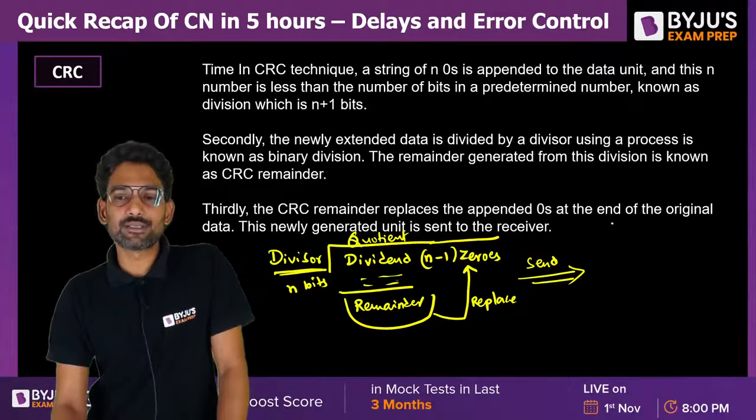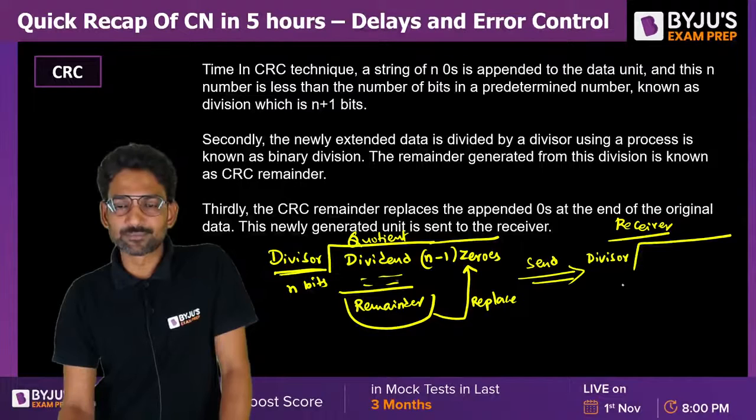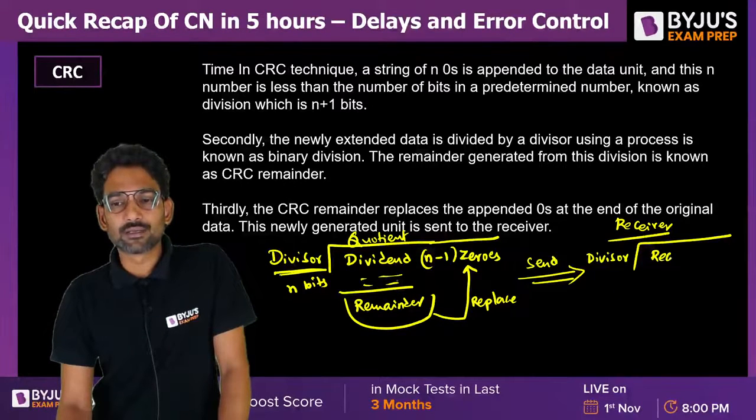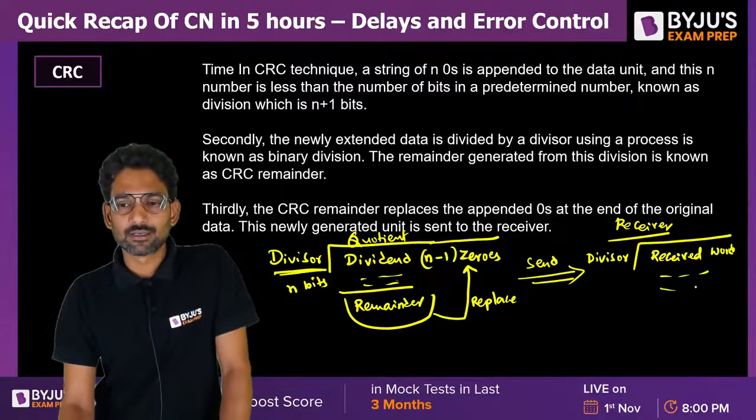When the receiver receives it, the receiver also follows the same procedure. He will use the same divisor and divide the received word with it. What should he get?